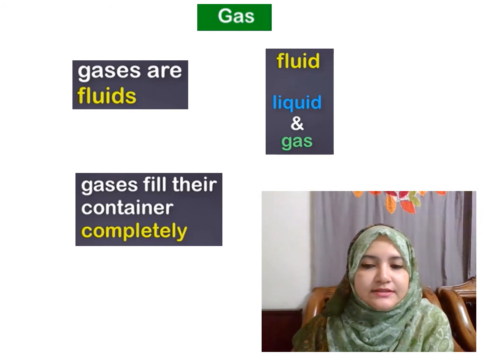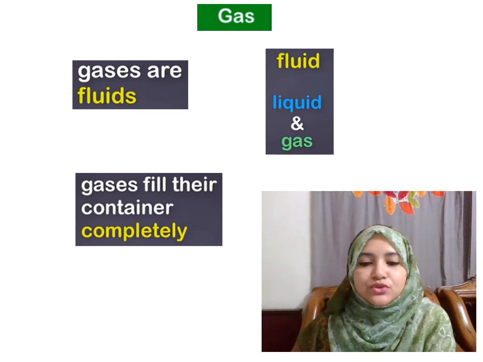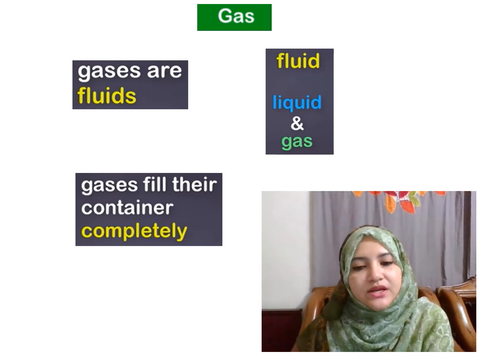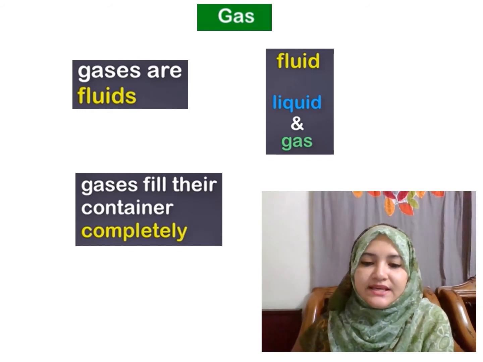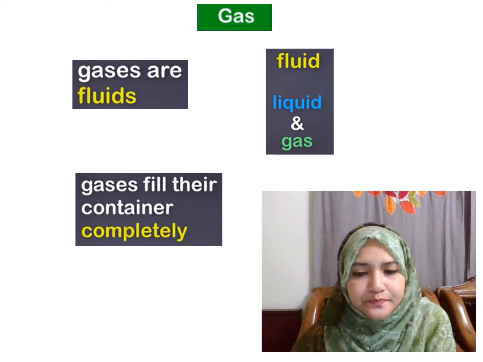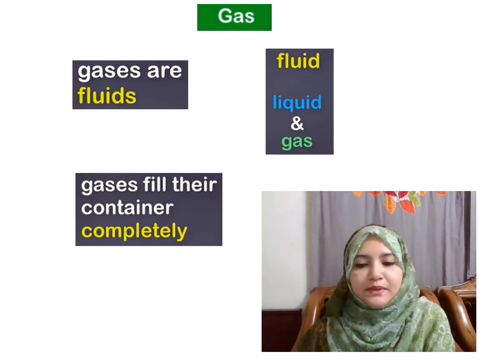Another example is when you open a perfume bottle in a room, the smell spreads to the entire room. So here the room is like a container to the perfume gas. So gases fill their container completely.